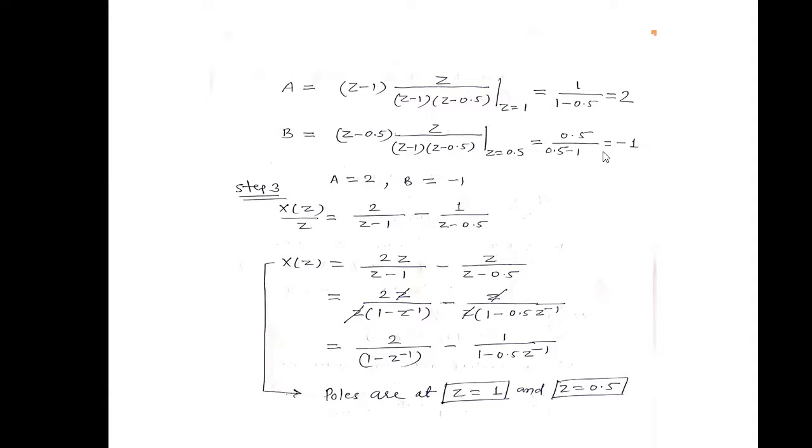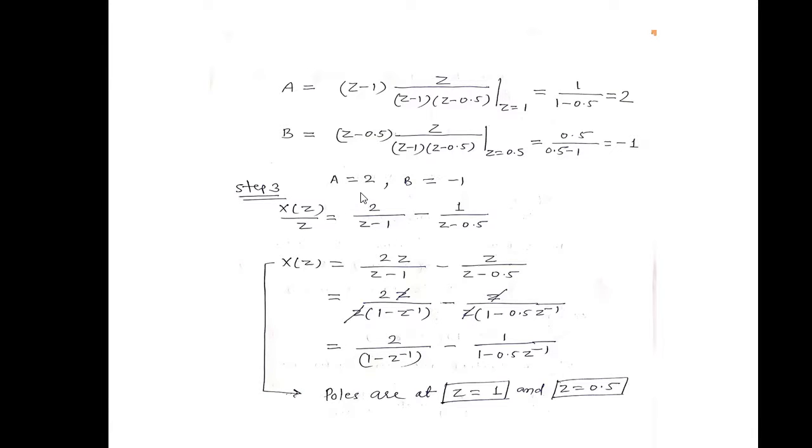Constant B is minus 1. You can solve this A and B by using the partial fraction expansion. So finally, the constant A is equal to 2 and constant B is equal to minus 1.